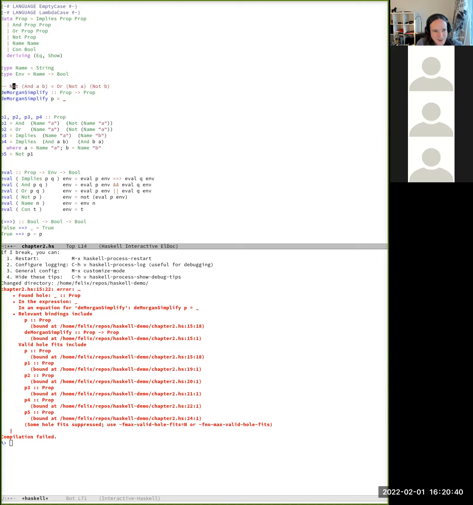So we push it inside this call to and. So we use the deMorgan law this way. So let us just write this as one case of our function.